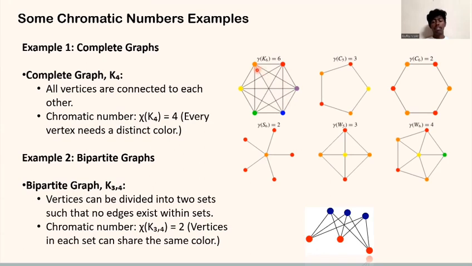Here the vertex which is colored orange is associated with green, blue, violet, red, and yellow. It has a connection with all the vertices, so it can be called a complete graph. Here, complete graph K4.